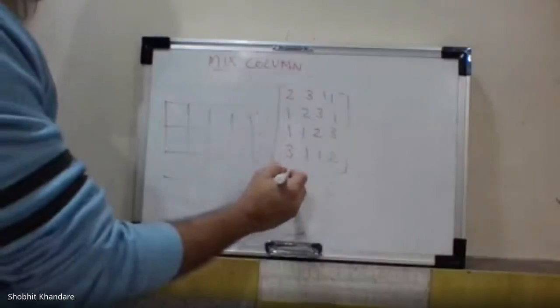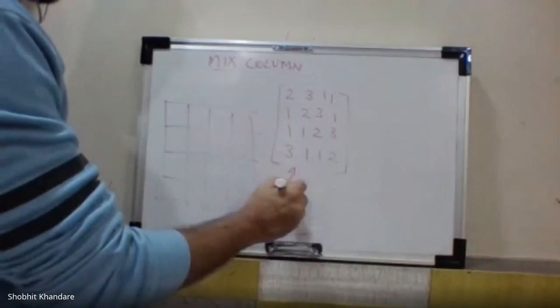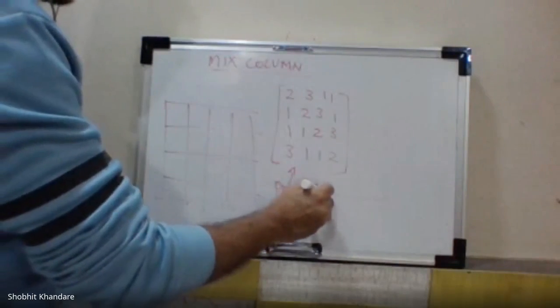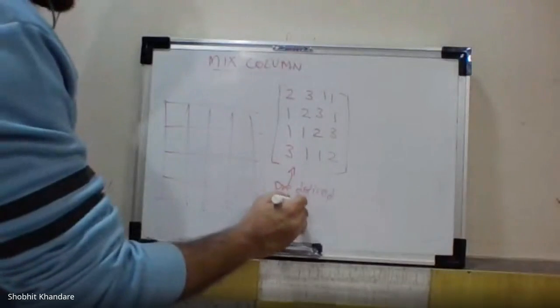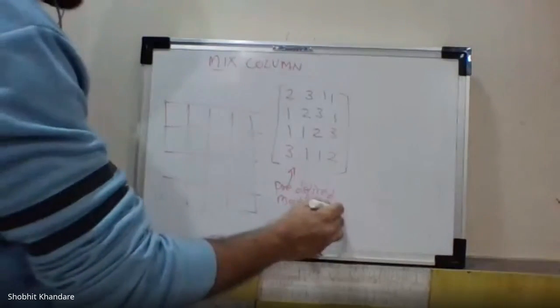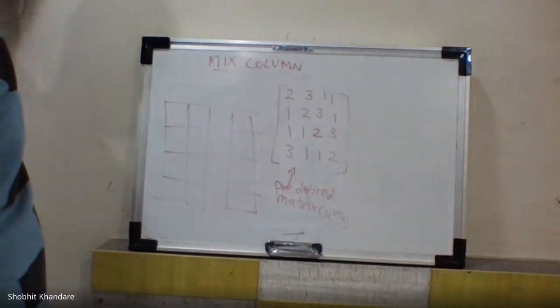So this is the predefined matrix of the size of 4 by 4.